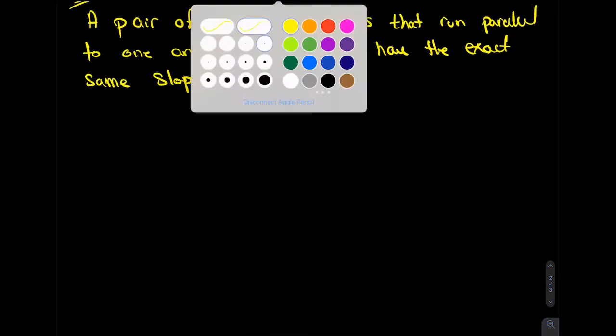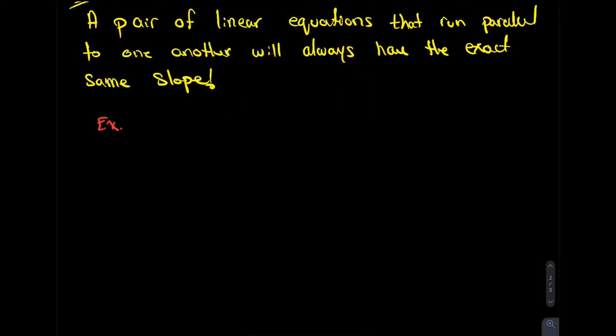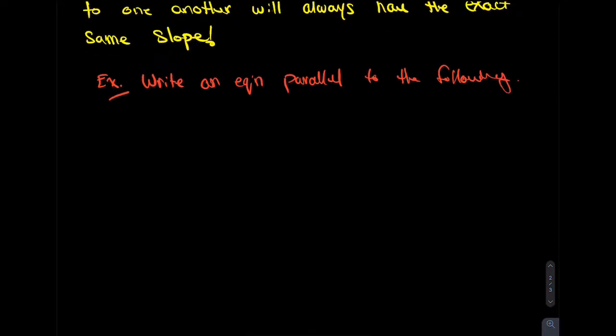And so I'll just do a little example here. Write an equation that's parallel to the following. Let's say we have y equals 1 over 5x plus 6. Well, first things first, let's identify what the slope is. Slope equals 1 over 5.